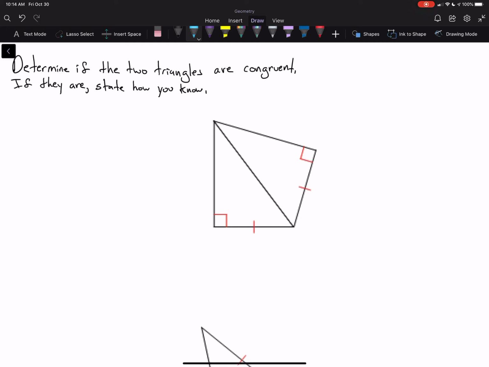So make sure that's the case. This is the hypotenuse because it is directly across from the right angle. So in this case, the hypotenuse is shared, so that's the same. No angles are marked, but I do have a leg that's marked the same, and it's the same leg next to the right angle there, so this one is going to be hypotenuse leg. That's how I know.